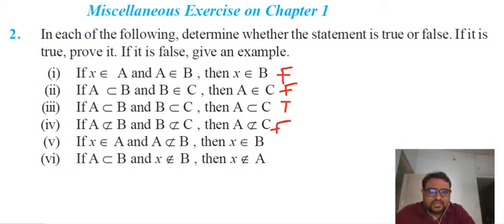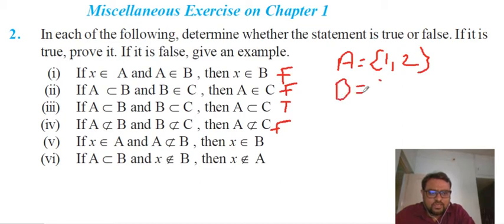Let's take an example again. A equal to {1, 2}, B equal to {1, 3, 5}. Now 1 belongs to A, right?